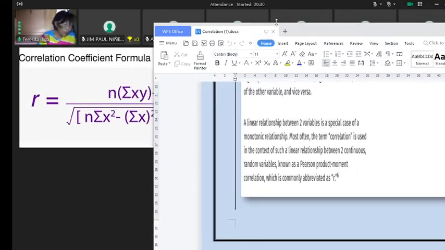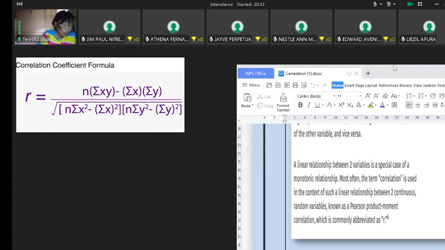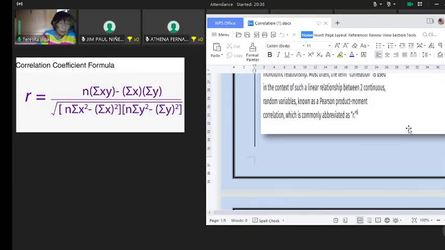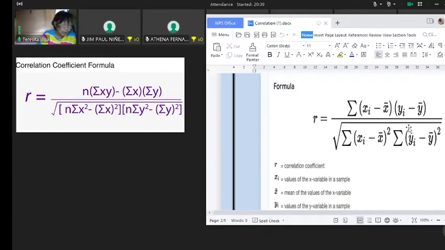Based on the formula, you have the summation of x sub i minus x bar, times y sub i minus y bar, all over the square root of the summation of x sub i minus x bar squared, times the summation of y sub i minus y bar squared. The x sub i values are the x variable in a sample, while x bar is the mean of the values of the x variable.